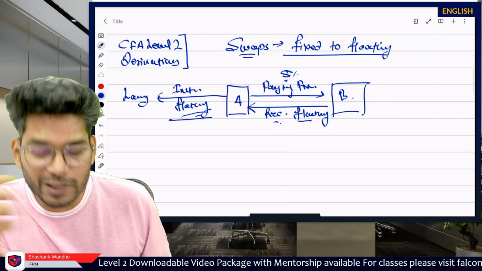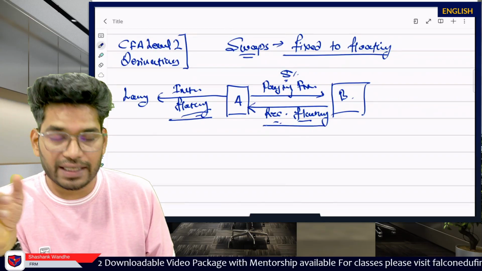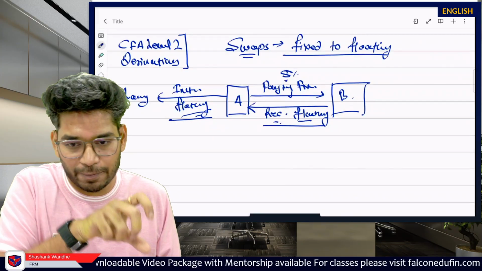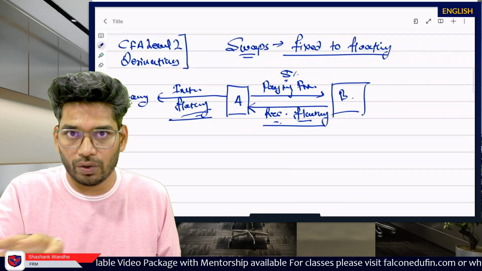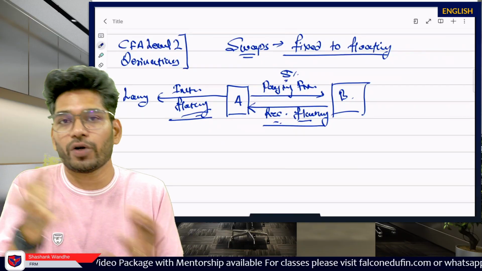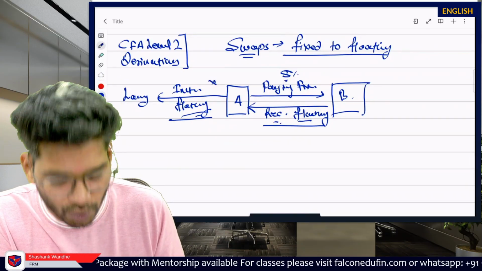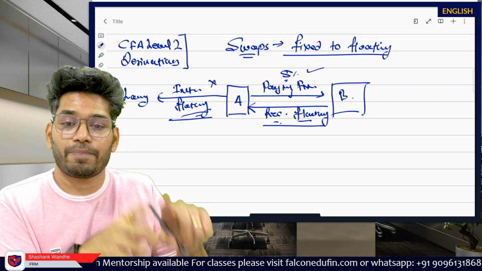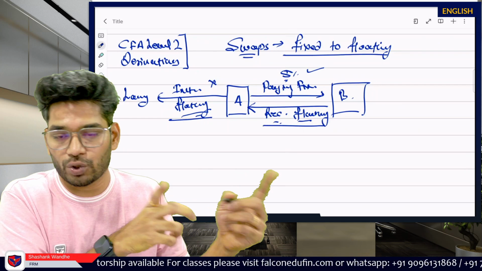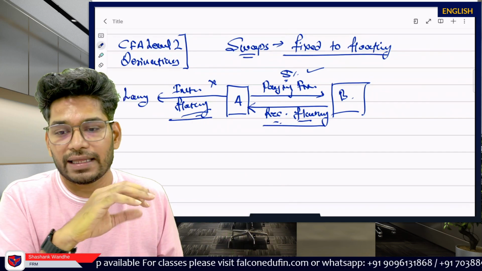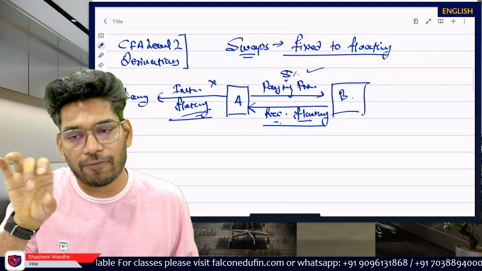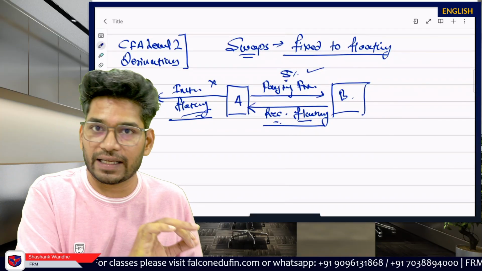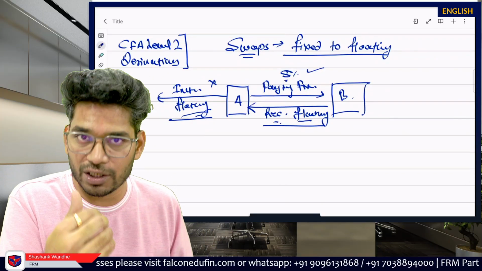This party is paying floating rate and also receiving floating rate. So this particular leg will be zero, because you receive the same amount and you pay the same amount. So there is no impact of this floating rate loan, and it is paying 5% fixed rate to B.